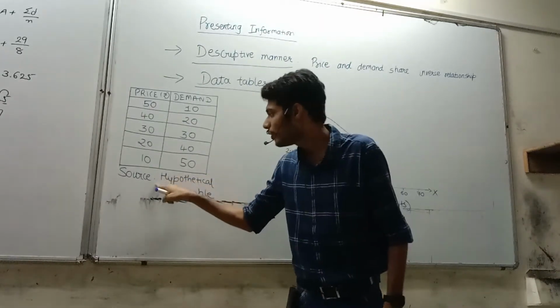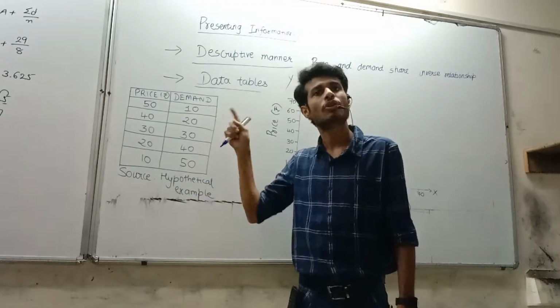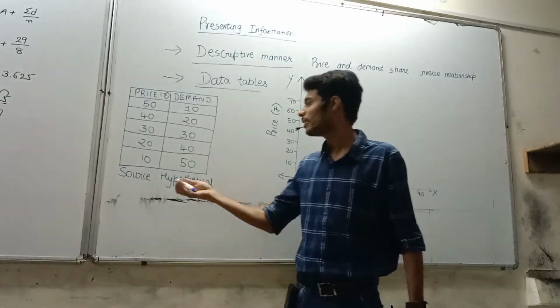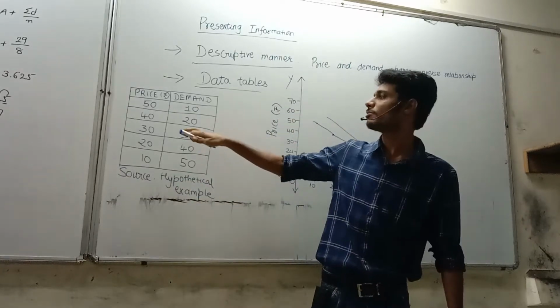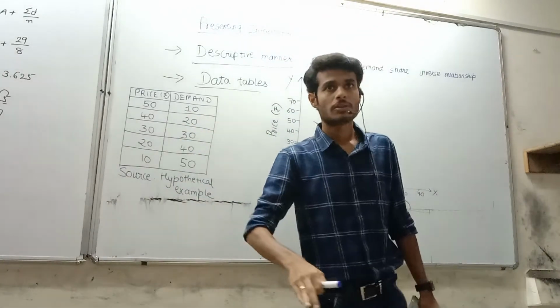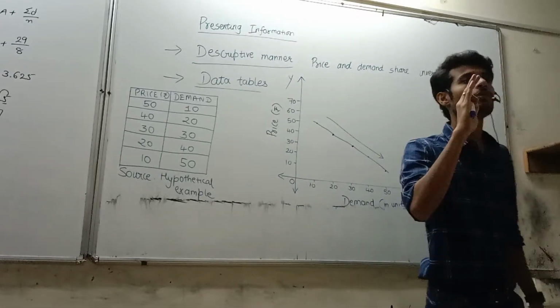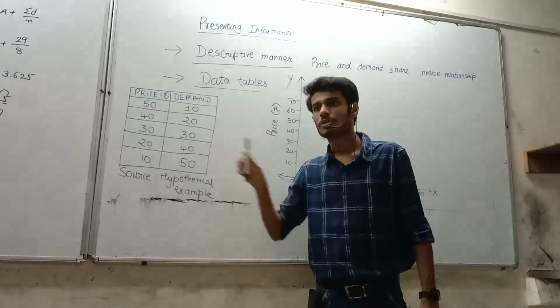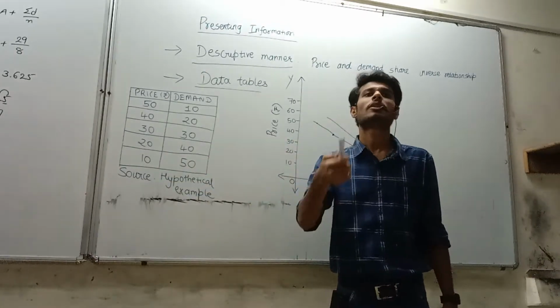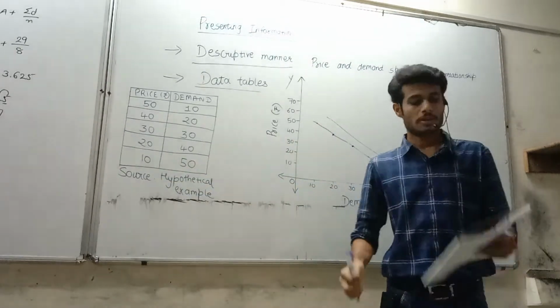So if you have prepared a table yourself, then you must write that the source is hypothetical example, because this data is made by you yourself. It is not taken up from some authentic or government websites. So giving the source is necessary, so the other person will trust you, right?